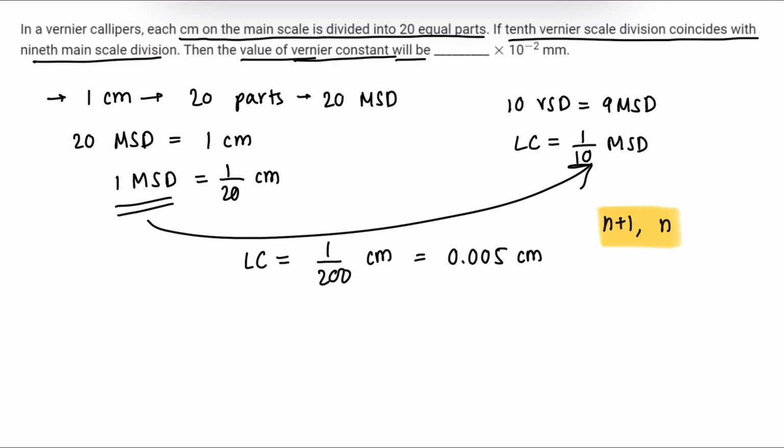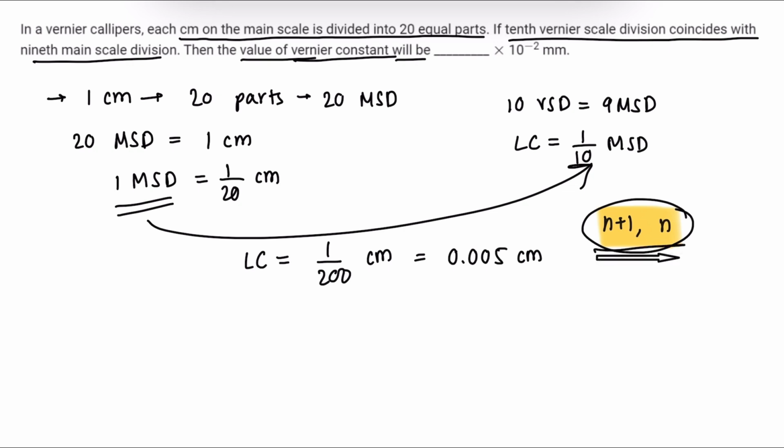That's what I meant. In this case, the Vernier constant is always the MSD minus the VSD, but since n+1 and n is the form of the number of Vernier scale divisions coinciding with the number of main scale divisions, we can say that the Vernier constant is also the least count, just in this case.